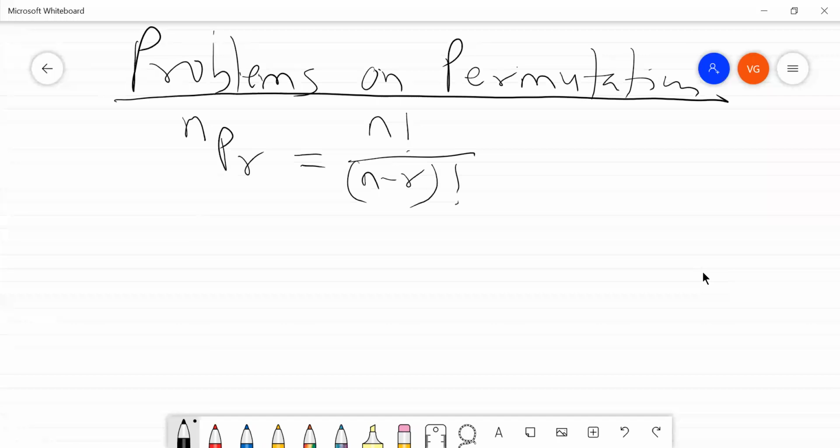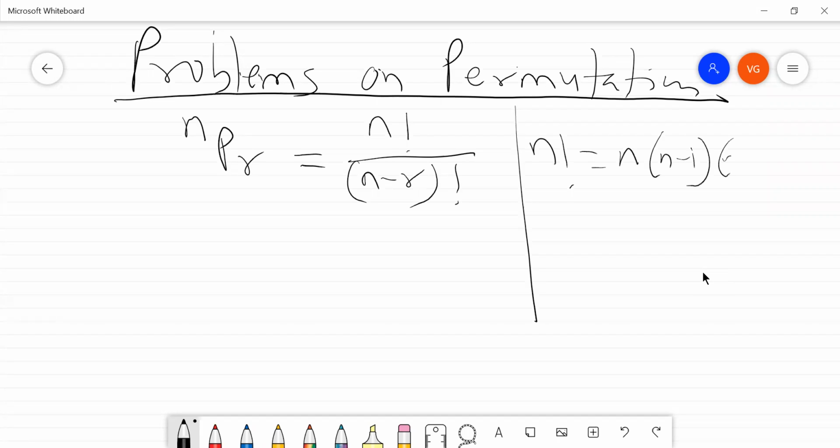What is n factorial? It is n into n minus 1 into n minus 2 up to 1. Go on reducing the number until you get 1 and then multiply all the numbers. So it is basically the product of the first n natural numbers.